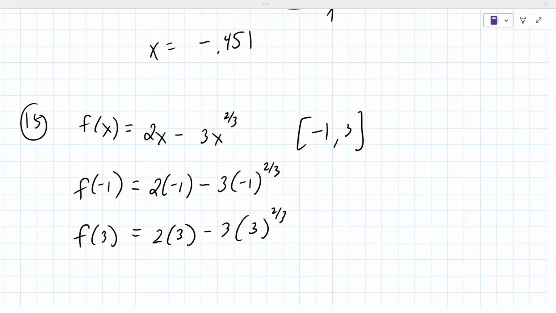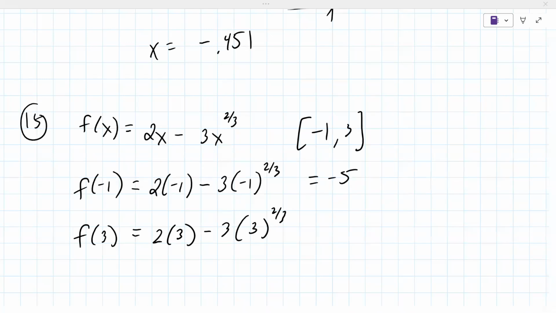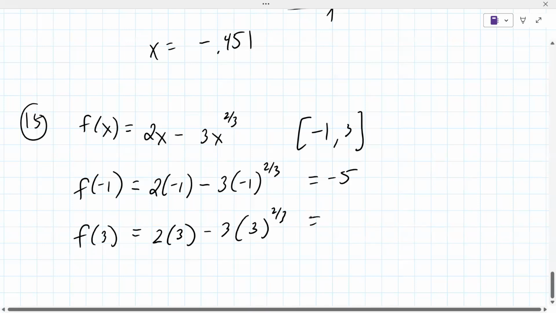Okay, so for the first one, I got -5. I agree. And then the second one, I get negative 0.24. That's correct.